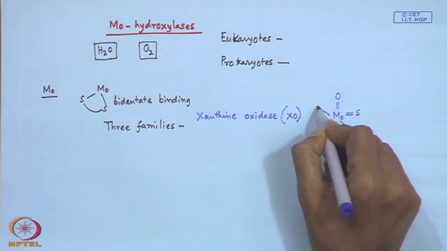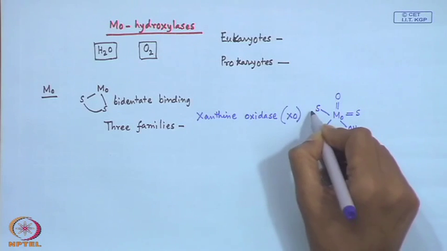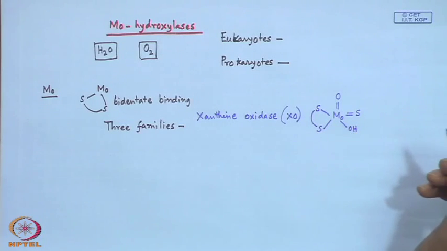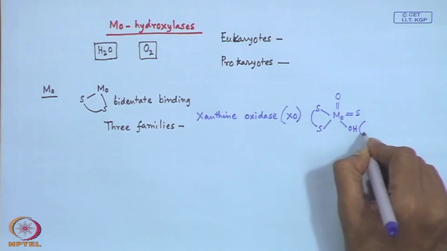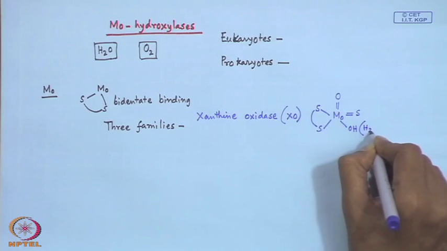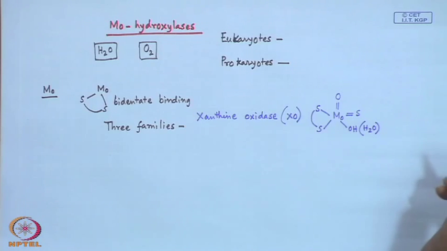You have the sulfur part from the molybdopterin, and this can settle between the hydroxide function and the water function.